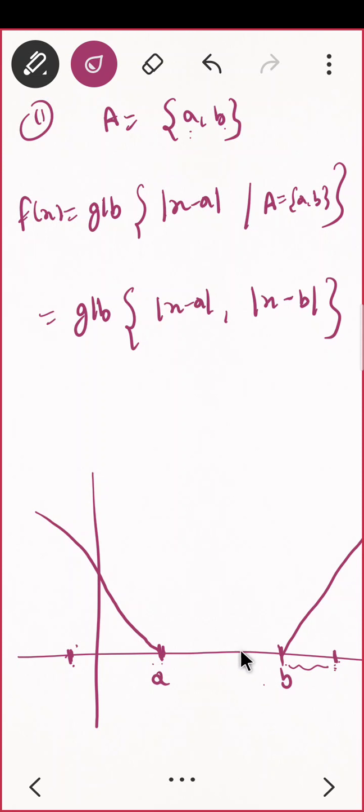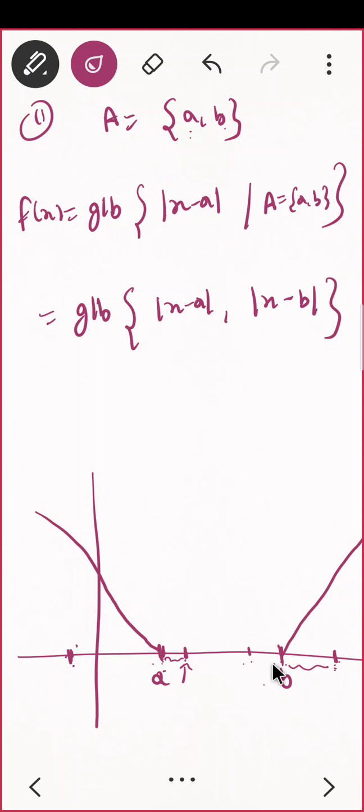What is your observation about this guy? If your number is here, correct? So distance from this point to A and distance from this point to B, which one is smaller? Definitely this one. But observe that if your number is here, then distance from this point to this point, this point to this point, which one is smaller?